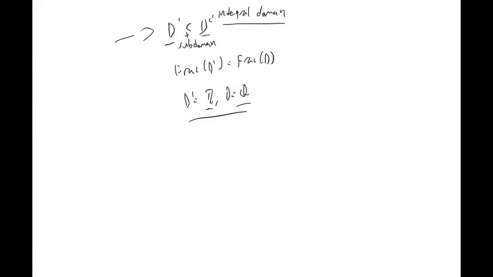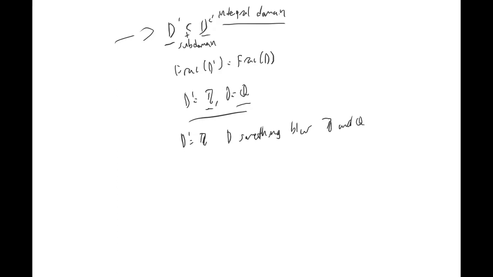So I think the answer they wanted was you want D prime to be Z, and you want D to be something in between Z and Q. Some people got it, I think.